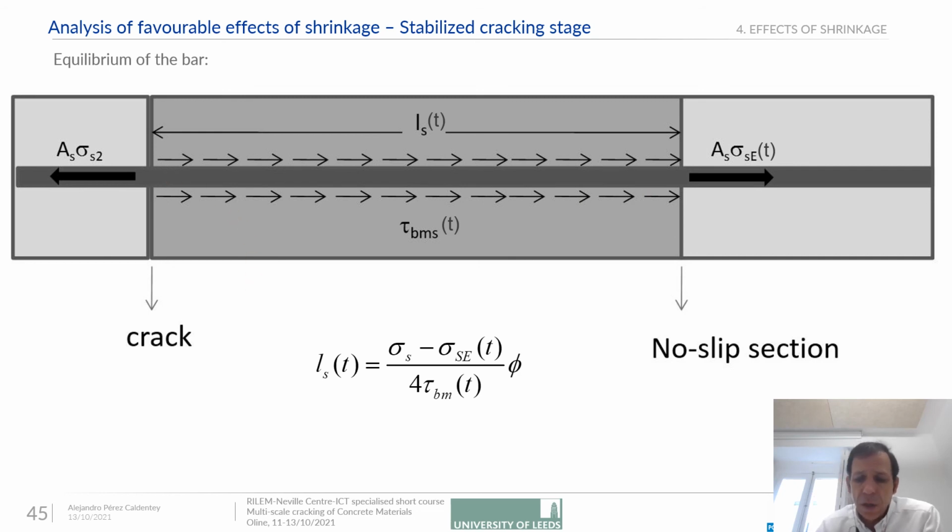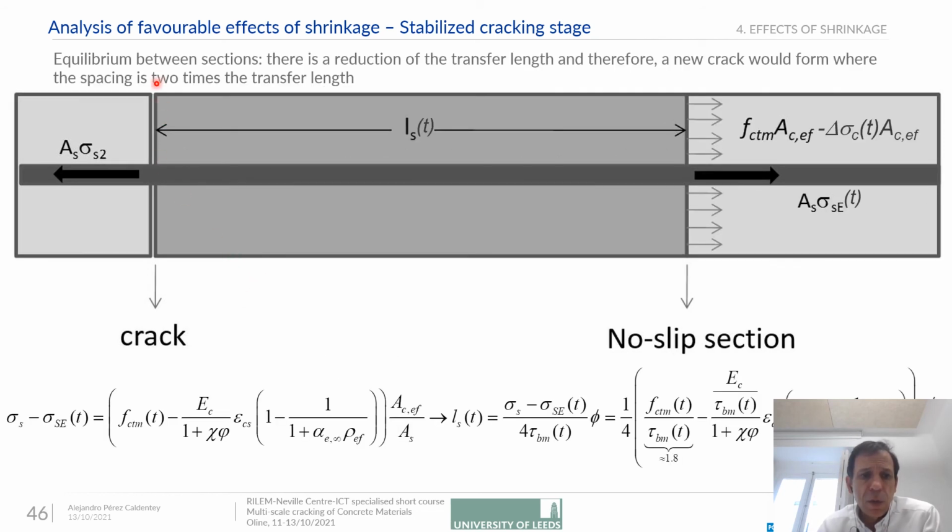And if we then look at the equilibrium between the section of the crack and the section where the new crack will form, the maximum stress we can have when we form a new crack would be the tensile strength of concrete times the effective area minus the force generated by the shrinkage strain.